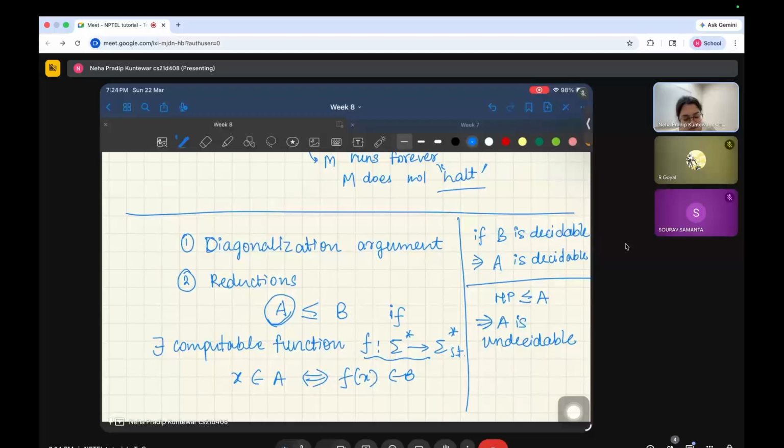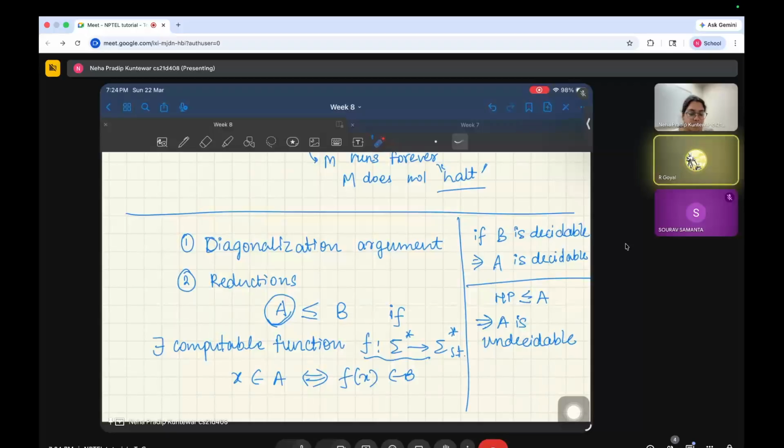So I don't know. This is a vague idea, but when you say that f should be computable, what you want is there is a total Turing machine that given x gives you f of x. Okay, but what if the function involves, for example, checking whether some machine m halts on that input or something.